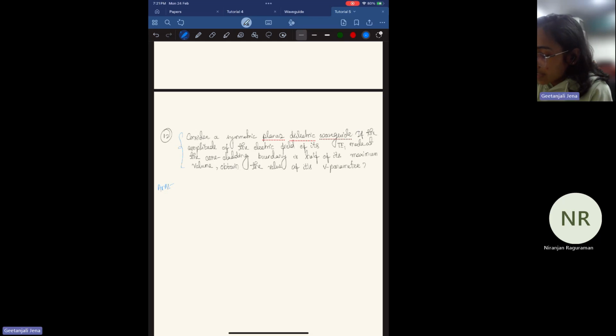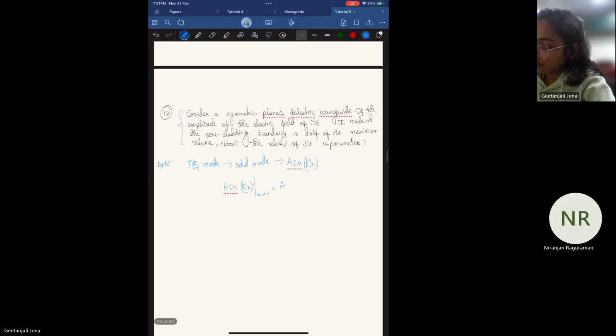It is given as the TE1 mode, so it is the mode next to the fundamental mode. This is an odd mode, and it has the expression A sin kappa x. And what is the maximum value of this A sin kappa x? It will be A, right?